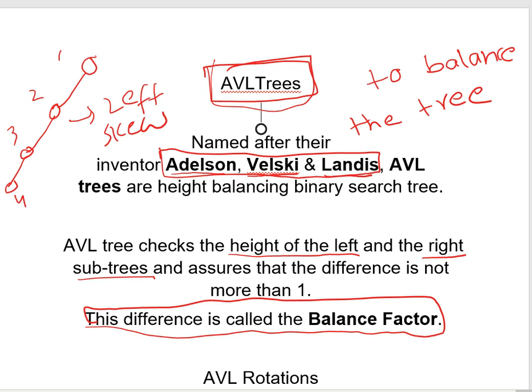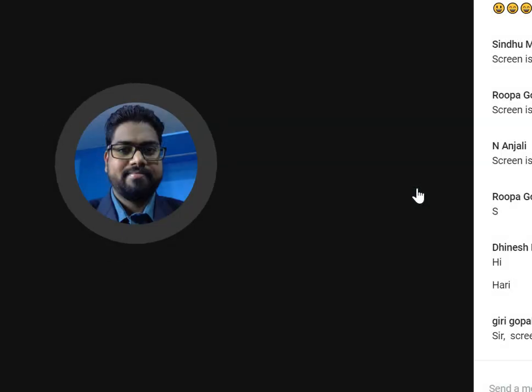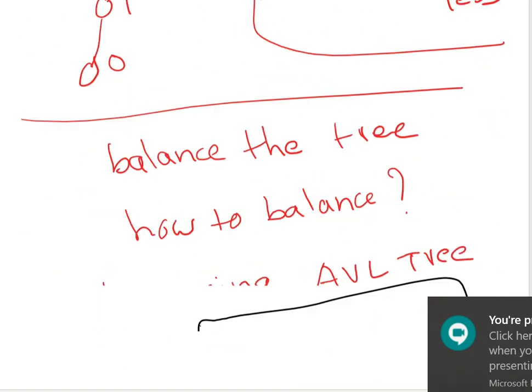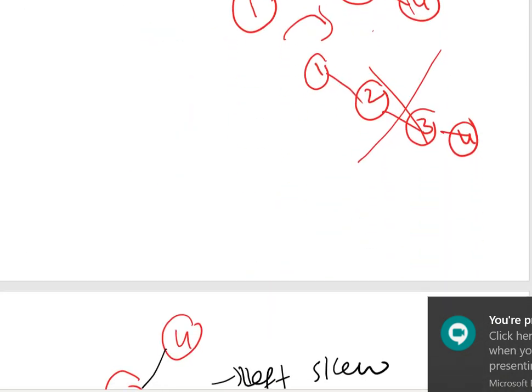We need to calculate the height of the left subtree and the height of the right subtree, and we need to take the difference. Once we take the difference, we will get the balance factor. So if you get a balance factor of 1 or less, then the tree is balanced. If the balance factor is more than 1, the tree is not balanced. So by finding the height of the left and the right, we can solve it.